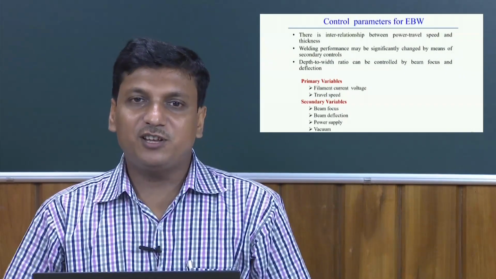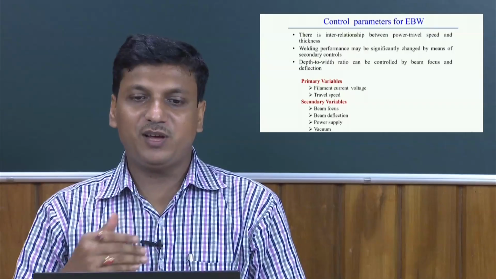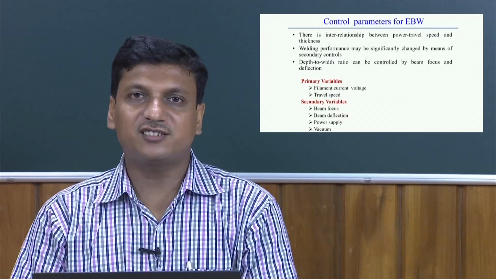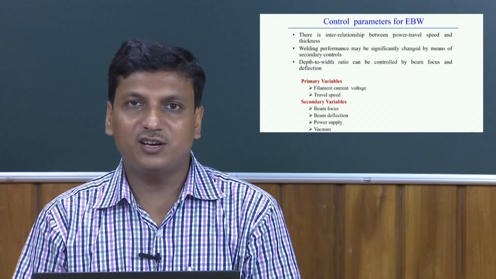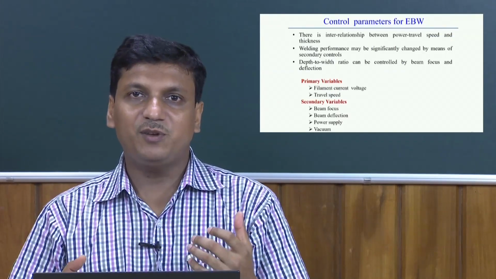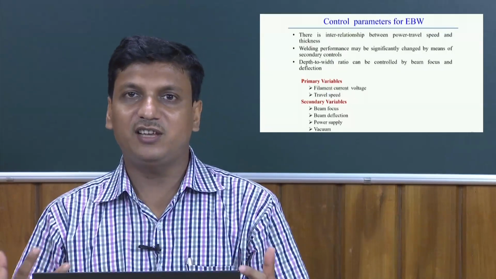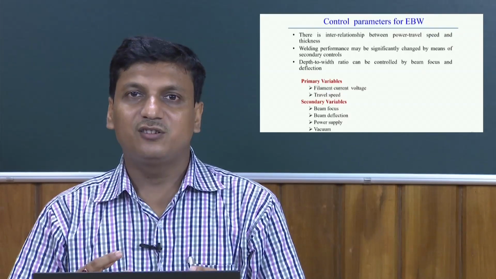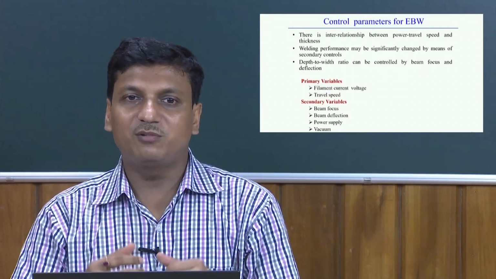The primary variables are more controllable, in the sense that there is an interrelationship between the power of the beam and the travel speed, and that decides exactly how much energy is used for welding purposes.